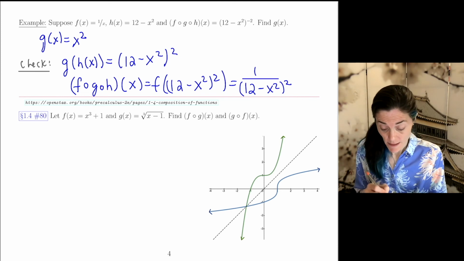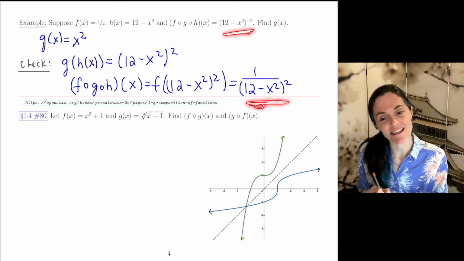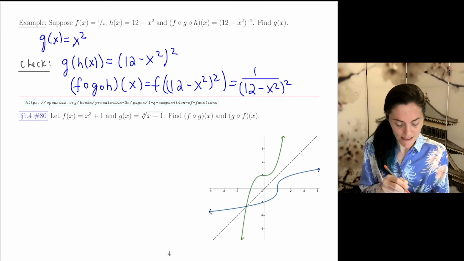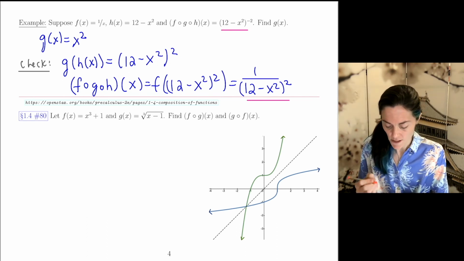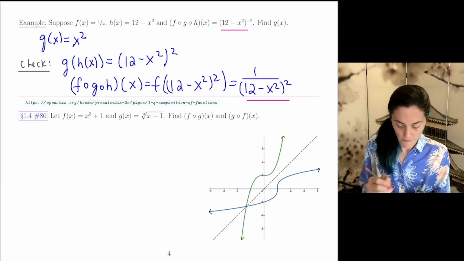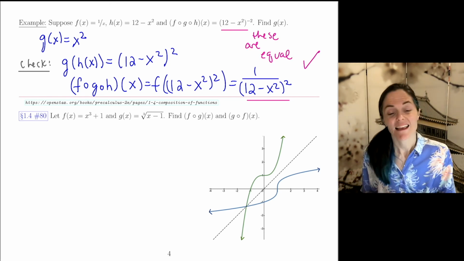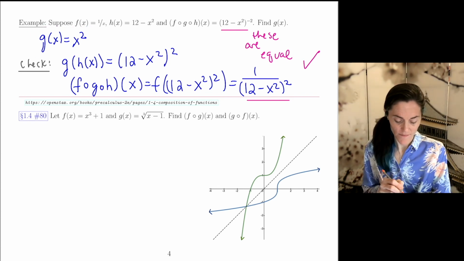But the negative 2 power and putting a positive 2 power in the denominator, this is the same thing. And so this checks. This function and this function are equal. And so my g of x works. So this is my answer.